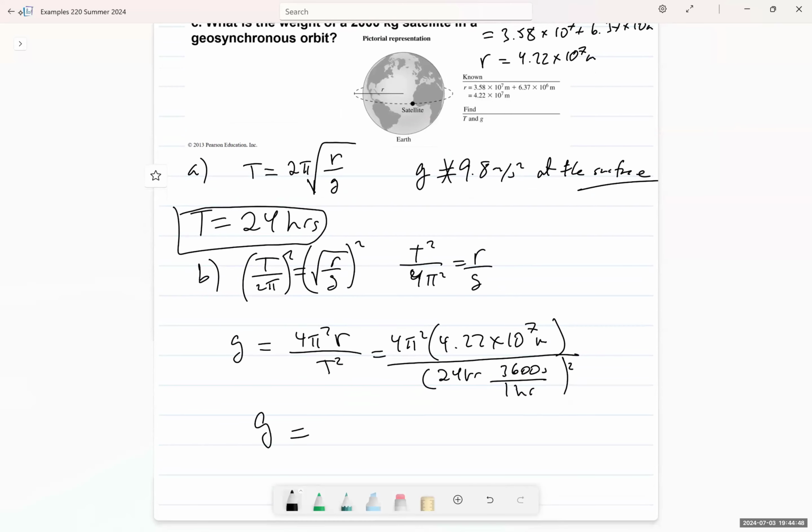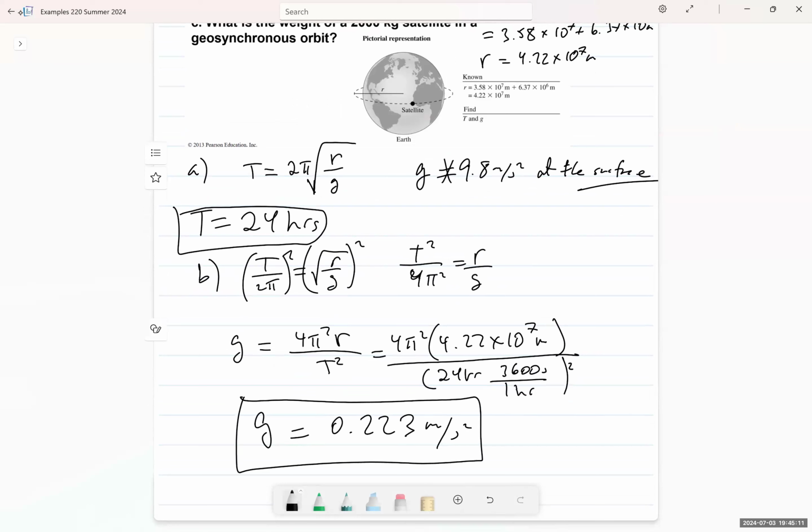All right, so let's see what we get. So 4 times pi squared times 4.22 times 10 to the 7, divided by 24 times 3,600, squared. Right, so I got 0.223 meters per second squared.